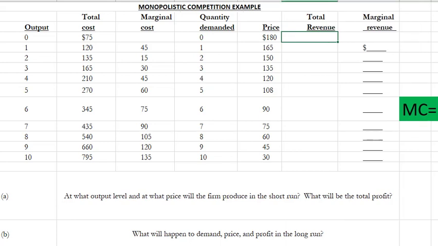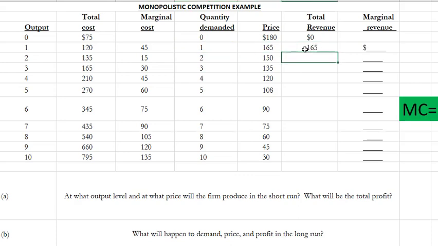So think, if the price is 180 and you're not selling anything, how much is your total revenue? 0. Now watch this. If your price is 165 and you sell one of the good, how much money did you earn in your pocket as total revenue?